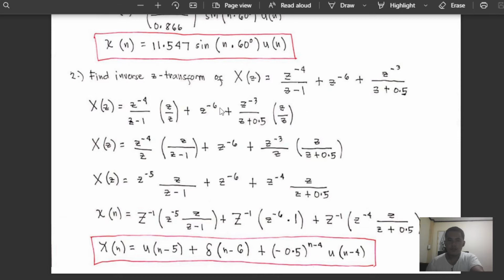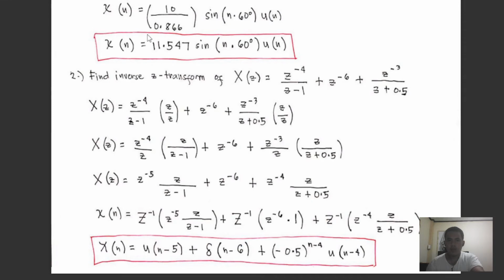The first step is to multiply this system by z so that we can arrange it in a manner familiar in the Z transform table. This term remains still and this term will be multiplied by z.